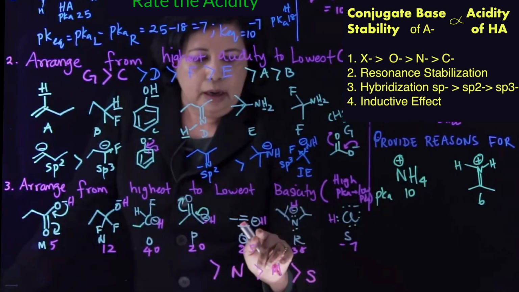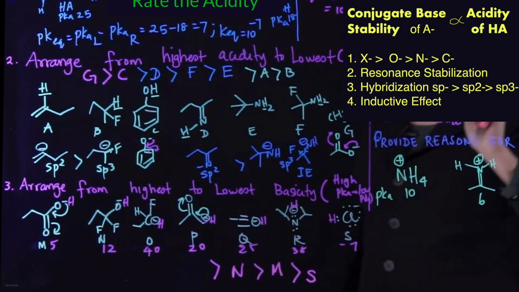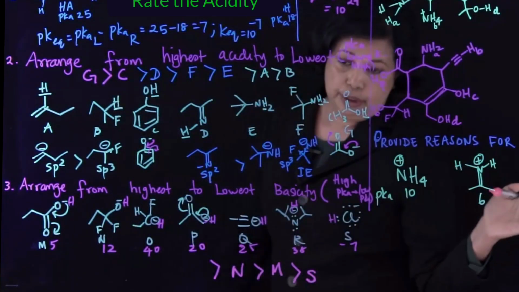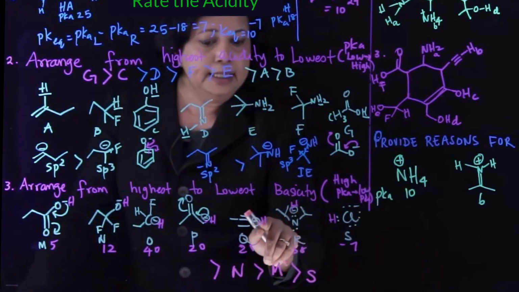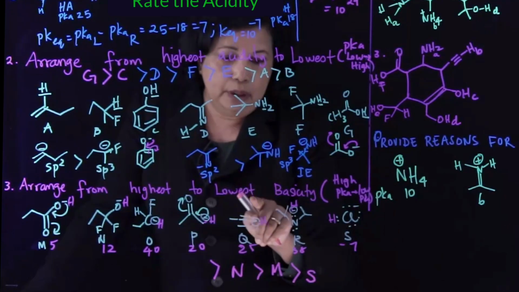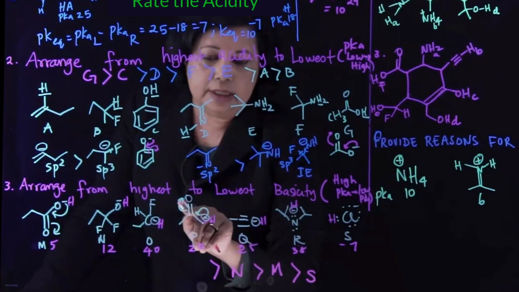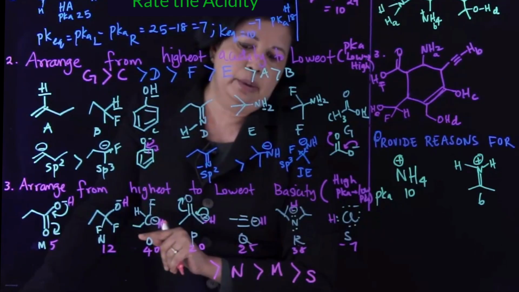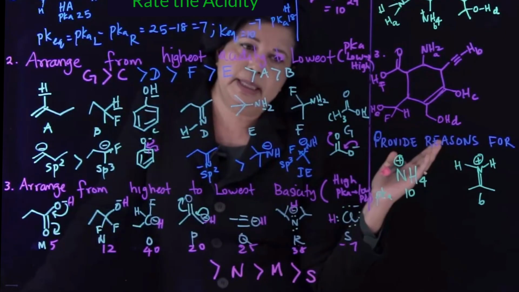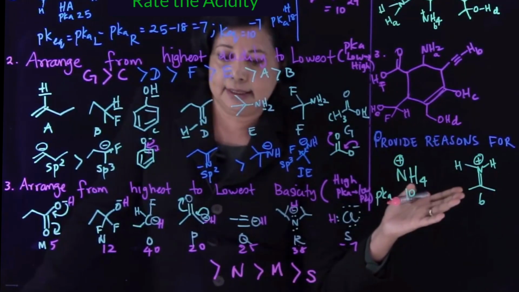But the carbon typically is more unstable, so you would expect carbanions to have a higher pKa than the nitrogen. However, sp, that's an exception that we talked about, the sp would be lower than the NH. And here, because the resonance is on an oxygen, it's even lower. So therefore, this anion is very stable, and therefore it's not basic. The more stable an anion is, the less basic it is.